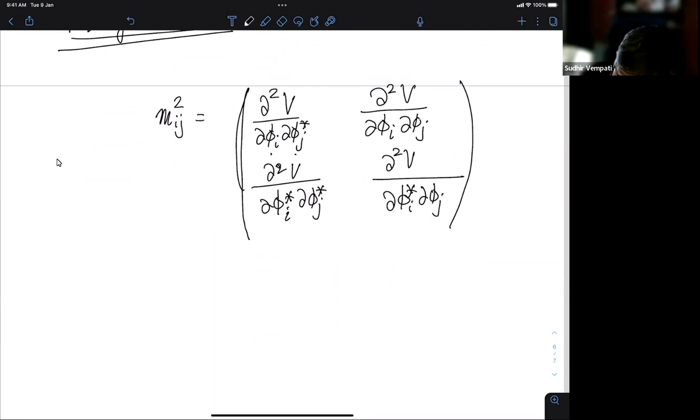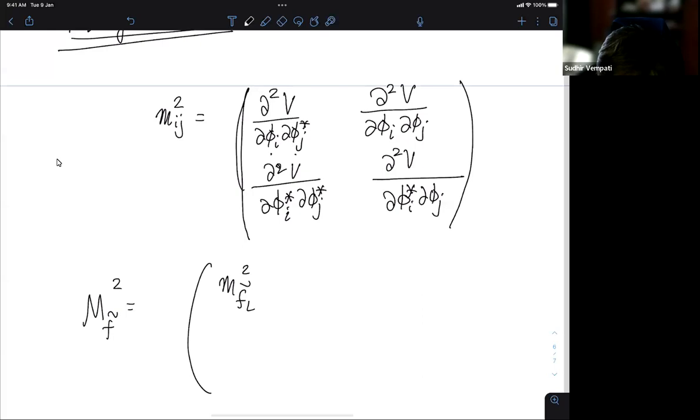So in the supersymmetric case, the sfermion mass matrix is given by M left-handed, M left-right mixing, M left-right mixing dagger, M right-handed.